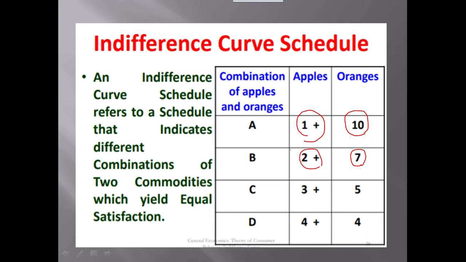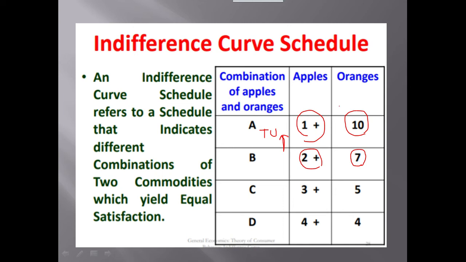Means the quantity of apple is increasing. When we increase the quantity of apple, as per monotonic preferences, monotonicity implies that total utility is increasing because of positive marginal utility.